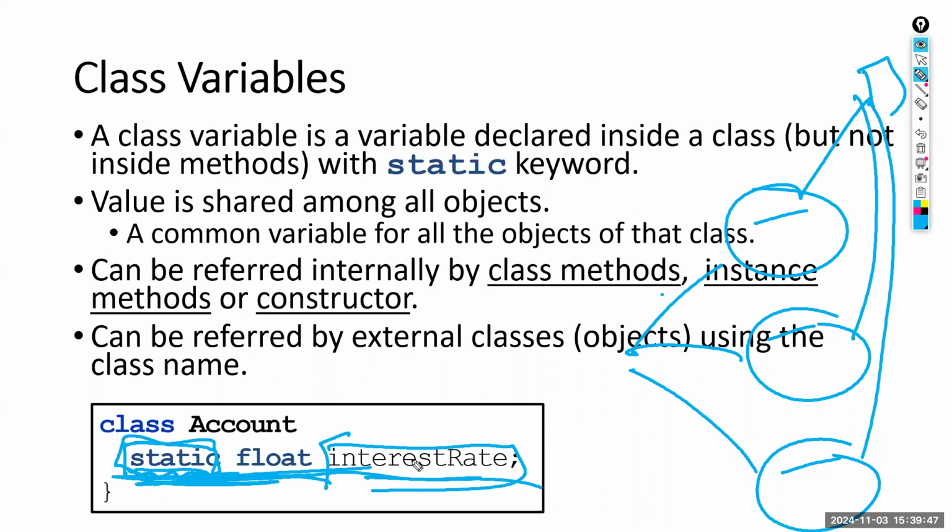When the interest rate is modified for a particular account type, all the accounts will get that new value because it is not only for you. For the next month, the new interest rate is used. So that kind of variable we mark as static, common.